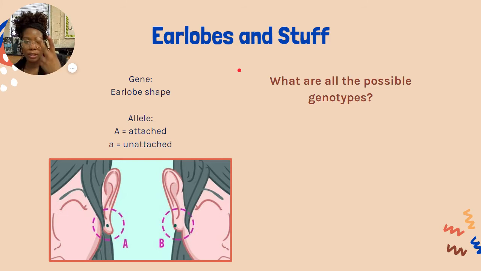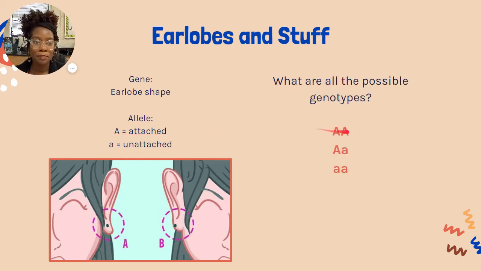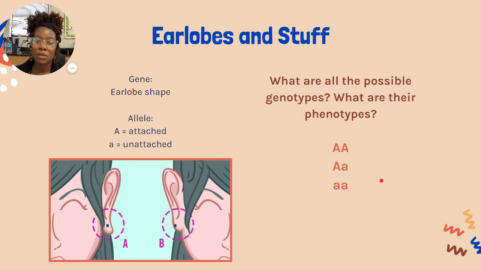Well, we have two alleles, one from mom, one from dad. So we could have big A, big A, or big A, little a, or little a, little a. Those are the only combinations that we can do. All the different genotypes. What are their phenotypes? Well, big A, big A has a dominant, and we know that dominant is going to say attached.